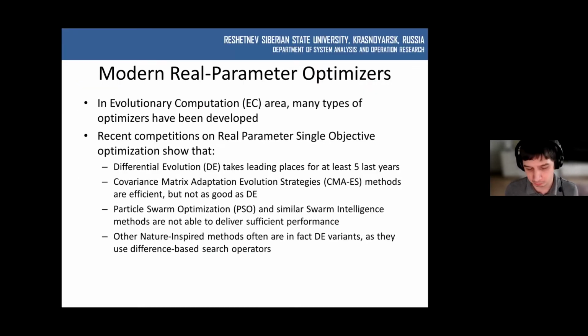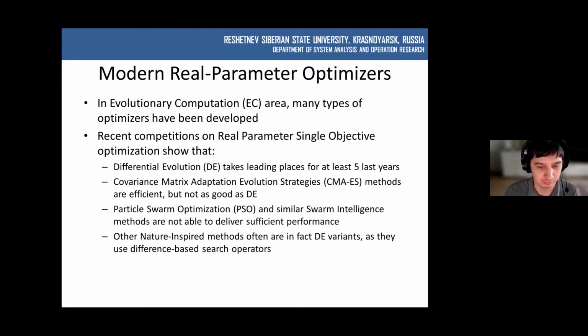So let's first talk about some more basic things like real parameter optimization. I guess most of those who are present in this conference know what it is, but anyway. In real parameter optimization, you have to find the optimum and all your parameters are real.